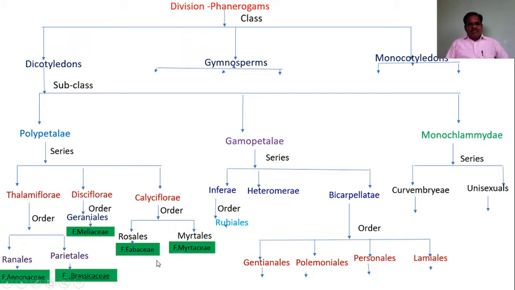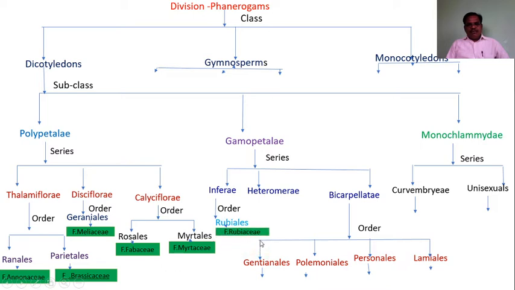What are the characters of Fabaceae? Fabaceae have legume type of fruit, which is simple, dry and dehiscent type of fruit, monoadelphous or diadelphous condition is there, and monocarpellary ovary is there. This is the character of this family.